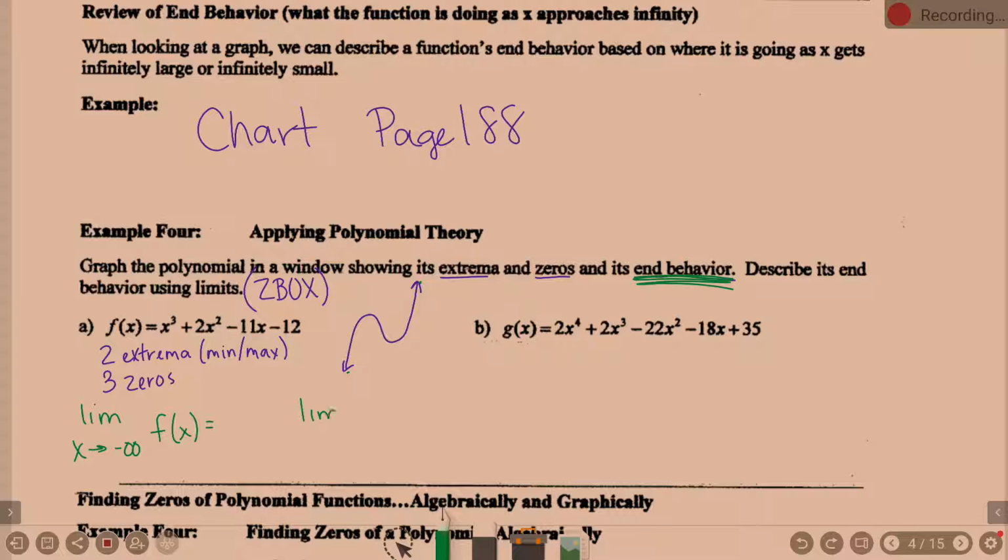The other one we're going to write is the limit as x approaches positive infinity of f of x. Okay, so that's your limit notation. We have to answer them yet.